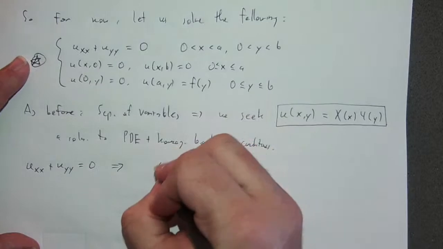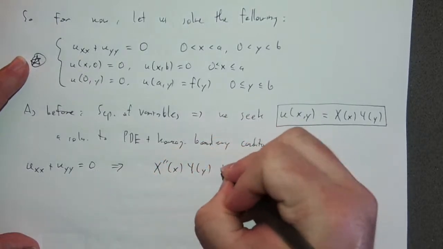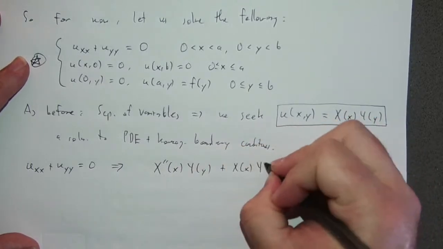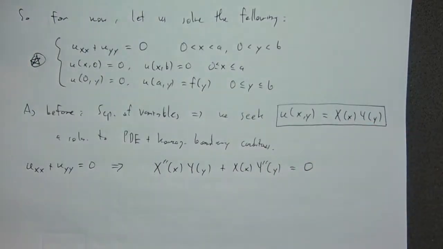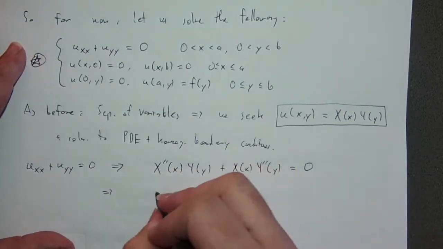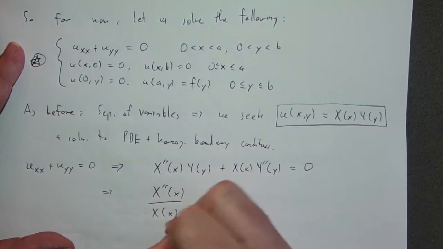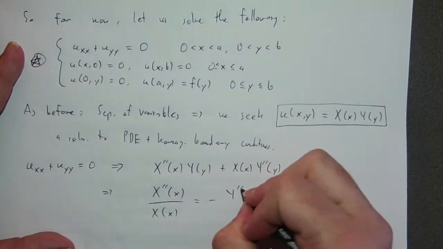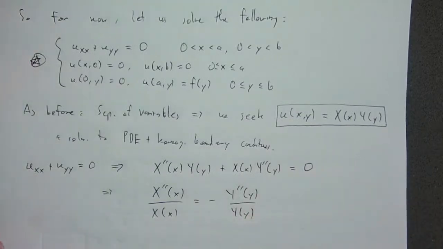It means that X double prime of x times Y of y plus X of x times Y double prime of y is equal to 0, which leads me similarly to a statement: X double prime of x over X of x is equal to minus Y double prime of y over Y of y.